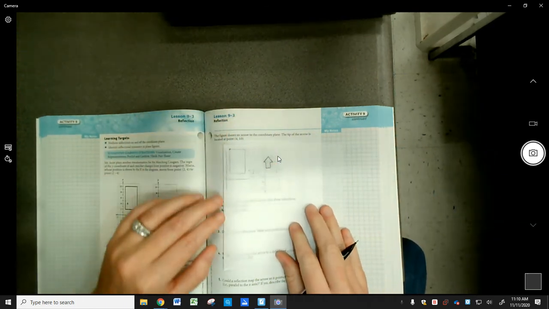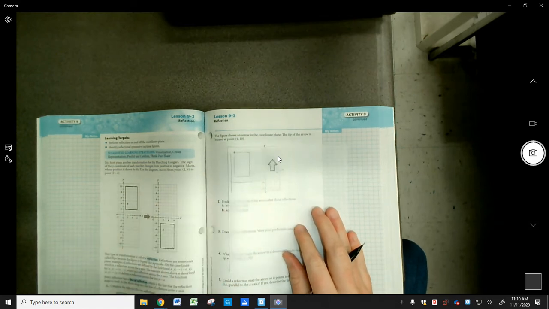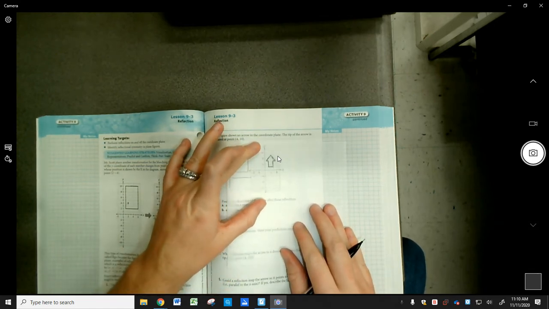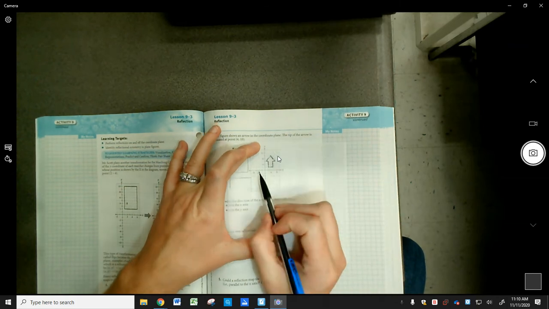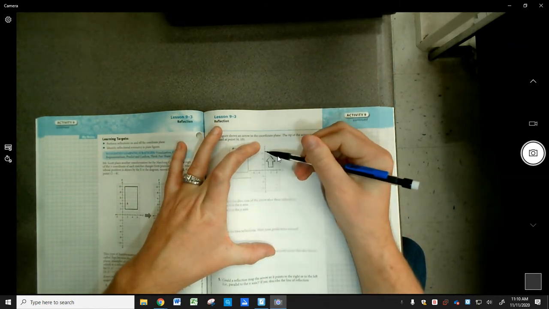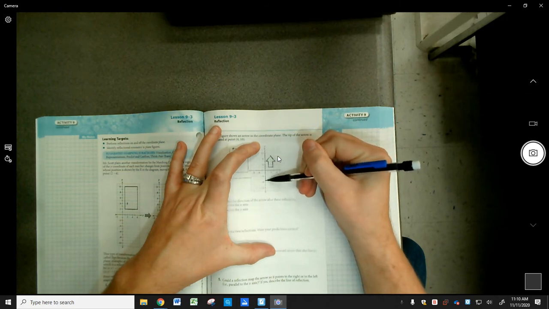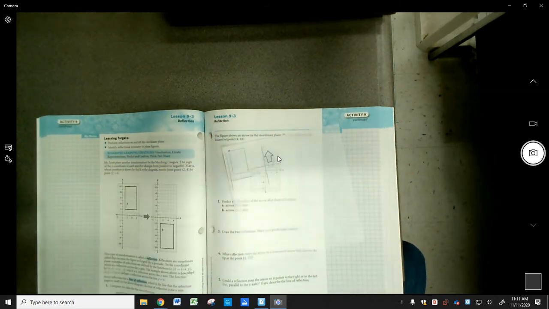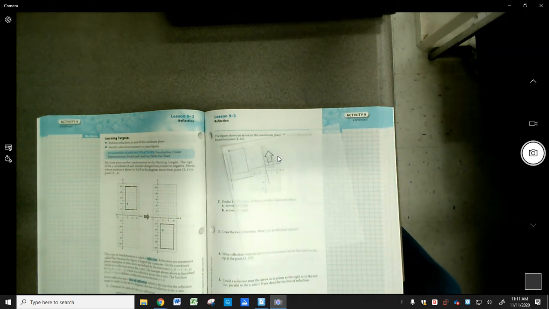Like that. So you may be able to see there's some lead now. And then we are going to draw our x and y axis. You don't need to do that same idea with your x and y axis. We're just wanting to make sure that our arrow has a good bit of lead on it.